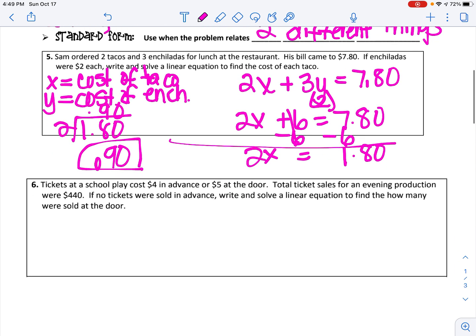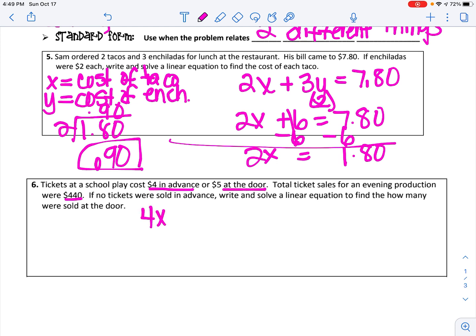Okay, here's another one that's going to be in standard form also. It says tickets at a school play cost $4 in advance and $5 at the door. So those are the 2 different things. You can pay in advance or you can pay at the door. Total ticket sales for an evening production were $440. If no tickets were sold in advance, write and solve a linear equation to find how many were sold at the door.